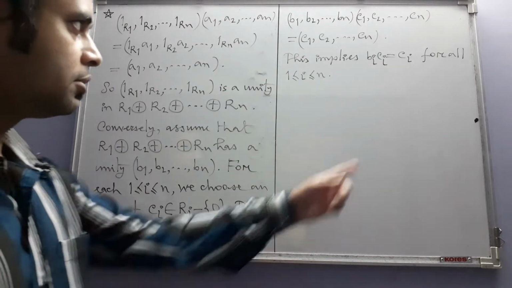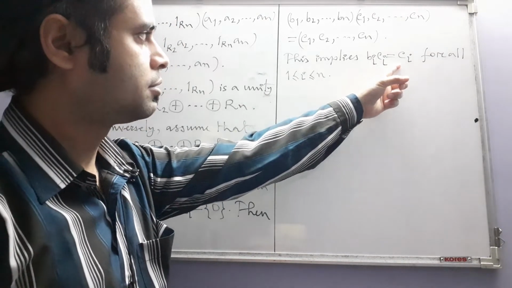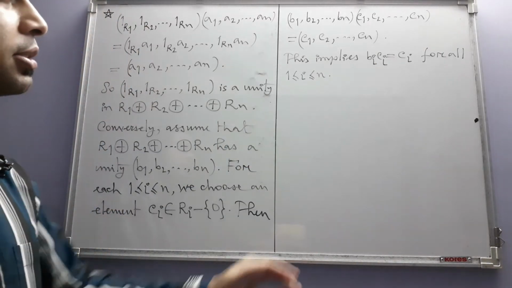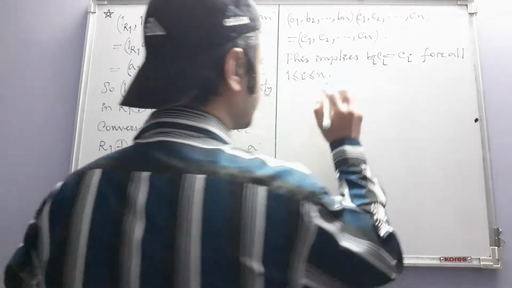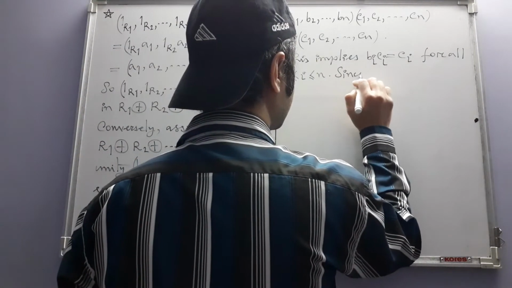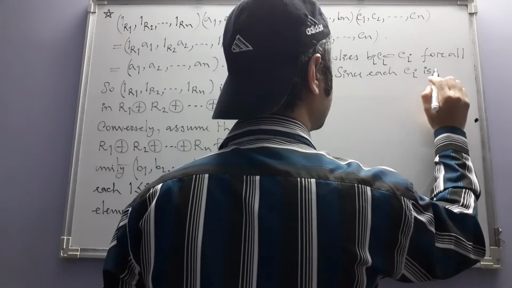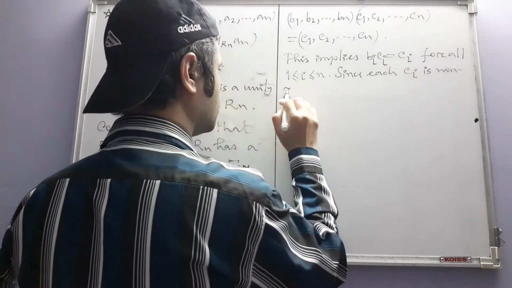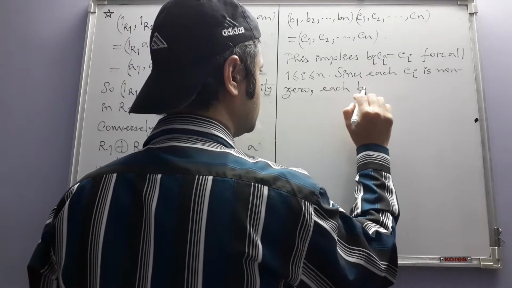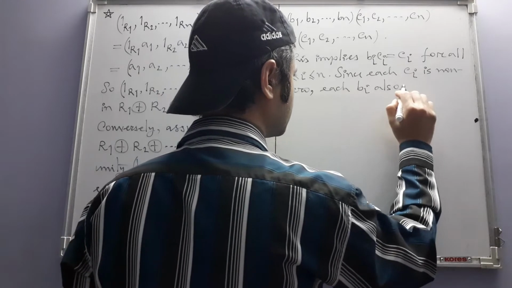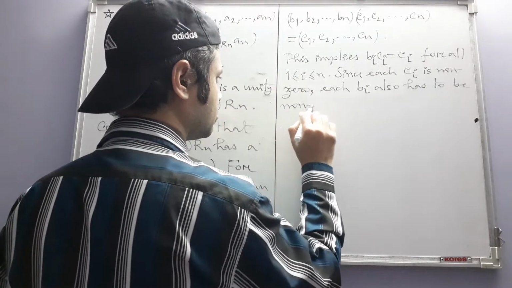Now, since the Ci's have been chosen to be non-zero, Bi cannot be 0, because if Bi is 0, the left hand side is 0, contradicting these choices. Since each Ci is non-zero, each Bi also has to be non-zero.